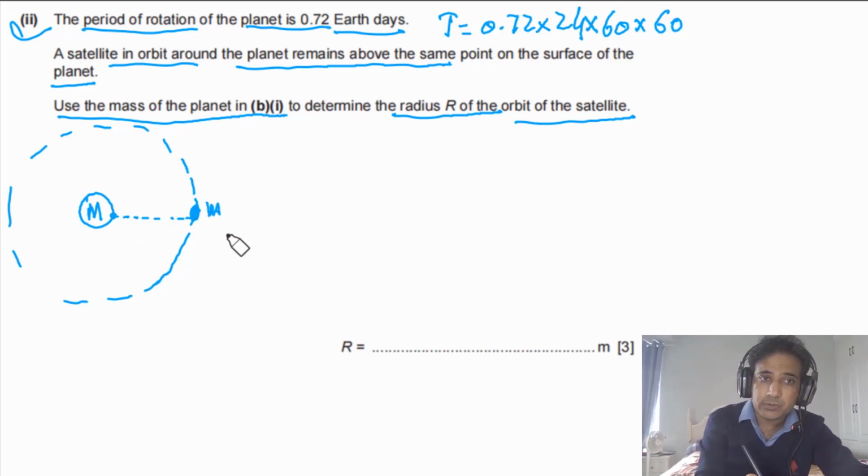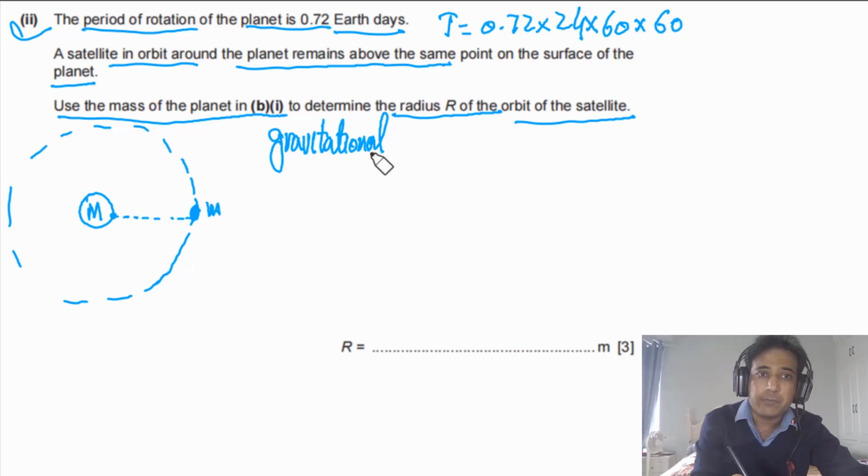The centripetal force in this case is provided by the gravitational force. This is a very important sentence you have to write down all the time: gravitational force provides centripetal force.